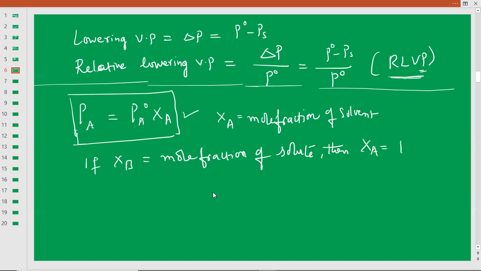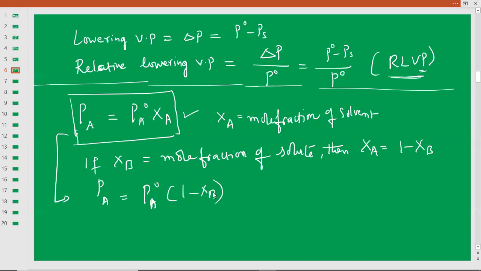That will become equal to 1 minus XB. So here we can write this equation as Pa is equal to Pa0 into 1 minus XB.